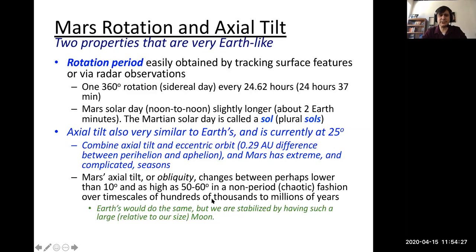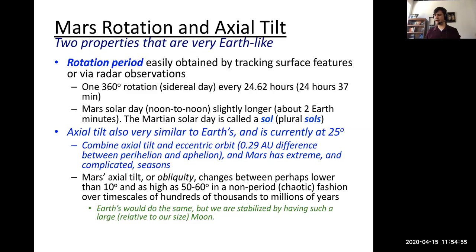Let's talk about the axial tilt of Mars. So the axial tilt of Mars is very similar to Earth. It is currently at 25 degrees. So now we have to consider something interesting. A 25-degree axial tilt, so it has the plane of the solar system, its orbital plane, it's tipped over 25 degrees, which is going to give Mars seasons.